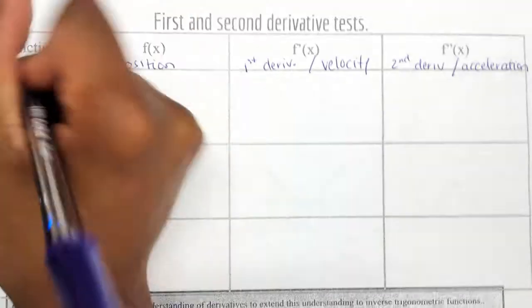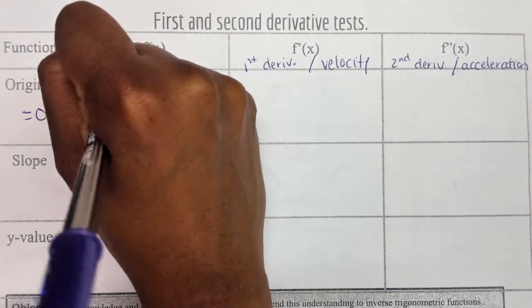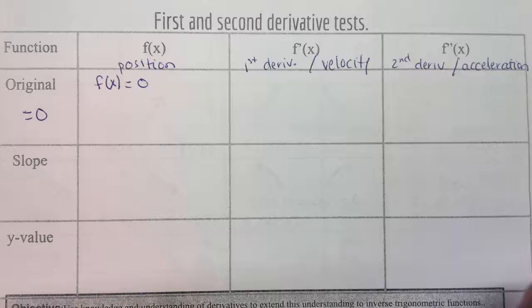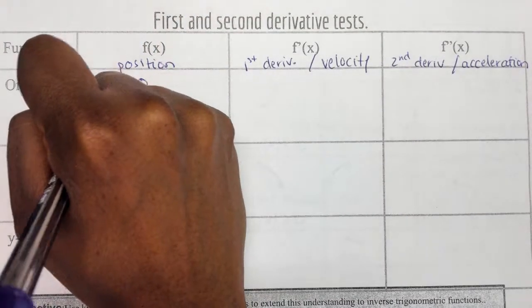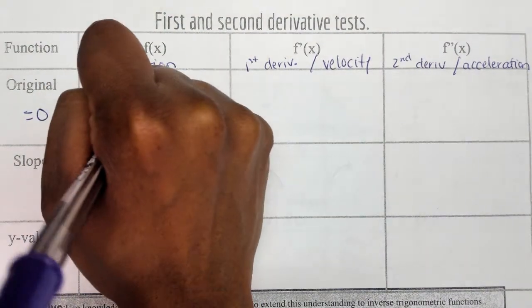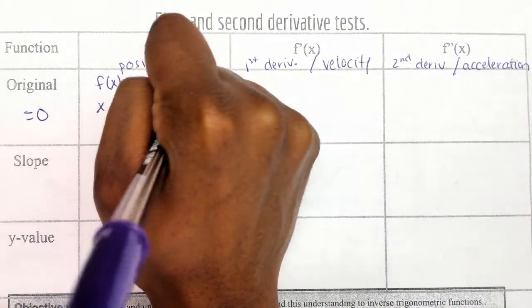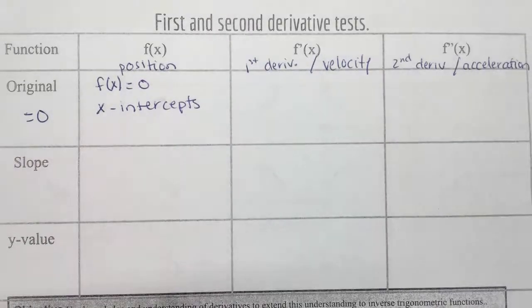Okay, so if f of x is equal to 0, that gives us x-intercepts. Right, it tells us the position of the function.